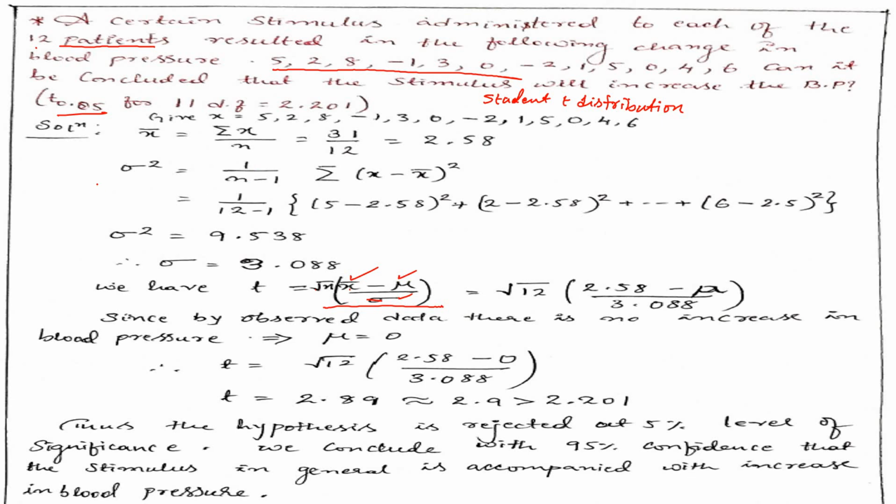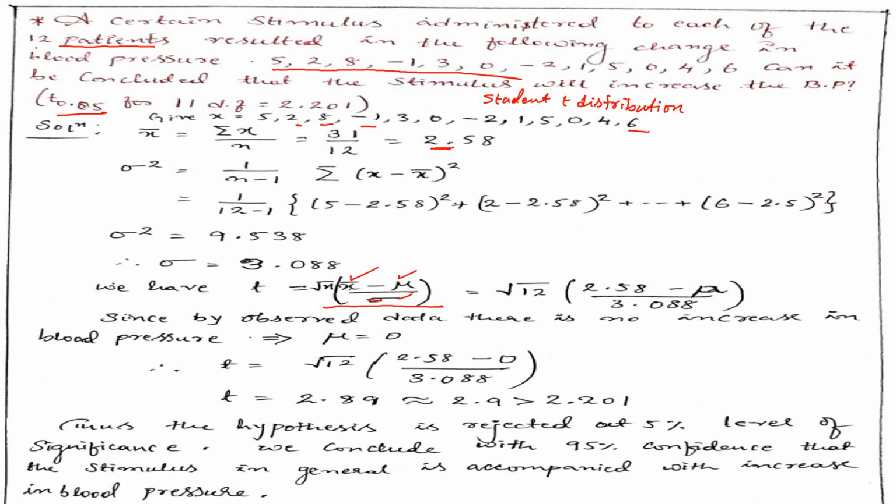Then we know sigma square, which I have given in the list of formula. Sigma square is equal to 1 over n minus 1 times summation of x minus x bar the whole square. So 1 over 12 minus 1 times of 5 minus 2.58 whole square plus 2 minus 2.58 whole square plus 8 minus 2.58 whole square plus minus 1 minus 2.58 whole square, and so on up to 6 minus 2.58 whole square.